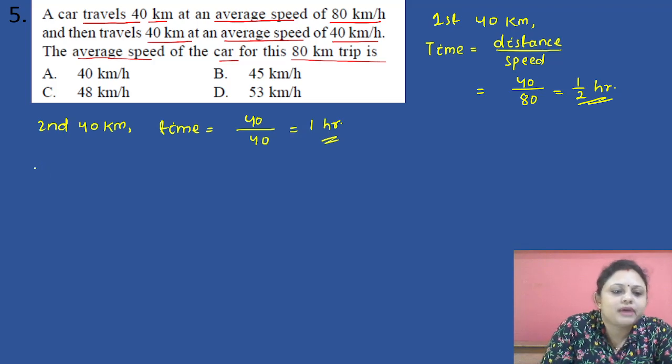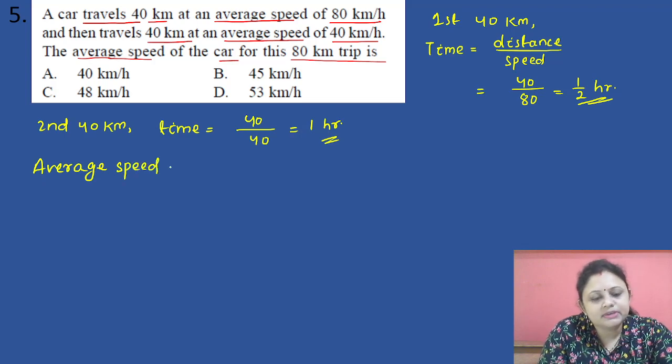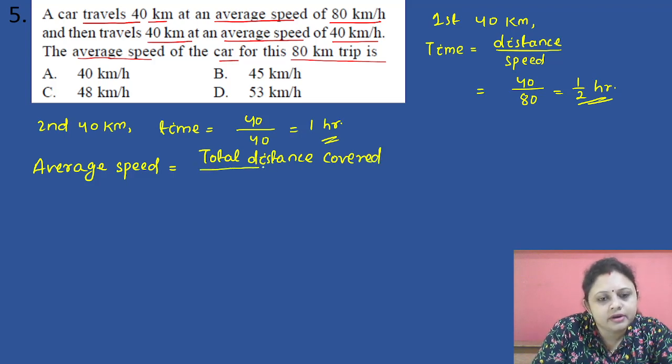Now we have to find out the average speed of the car. So the average speed of the car is equal to total distance covered by total time taken.